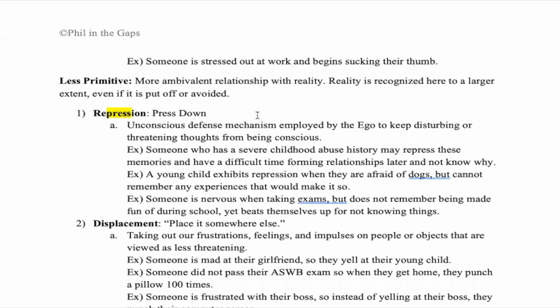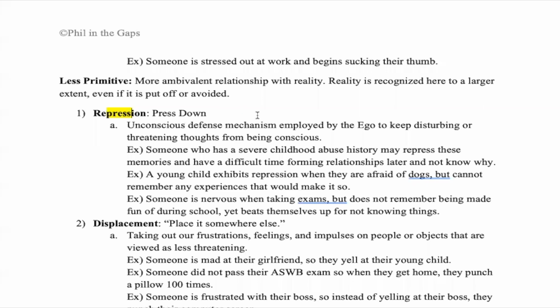Not to mistake it for regression, because remember, regress is where you go back to a previously developmentally acceptable behavior, while repression is where your mind is pressing down distressing memories. Stated in a different way, it's an unconscious defense mechanism employed by the ego to keep disturbing or threatening thoughts from being conscious. Again, it's living in the unconscious level of the mind.